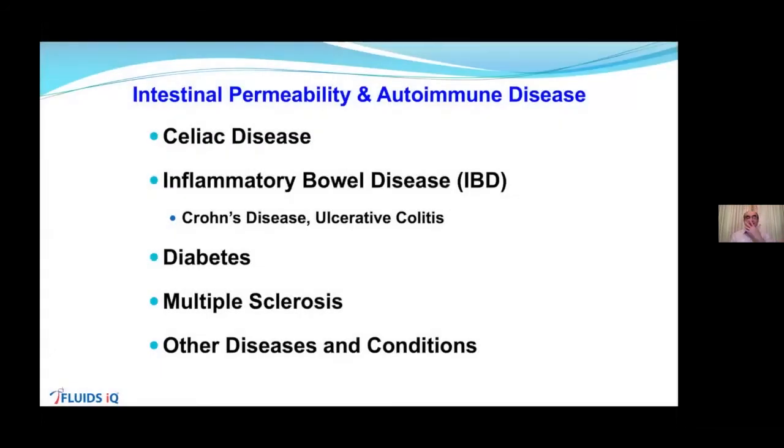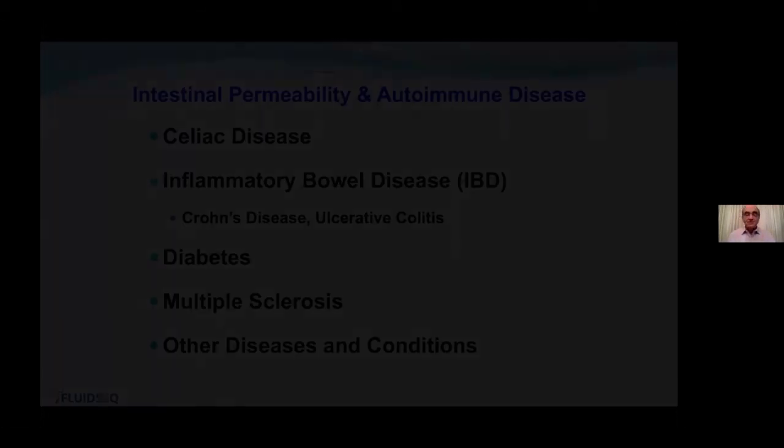We're not going to discuss it in great detail today, but if you wanted to have a longer lecture, we go through in detail all of these particular entities, both inflammatory problems and frank disease, including celiac disease, IBD, etc.